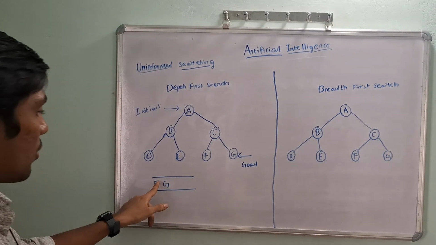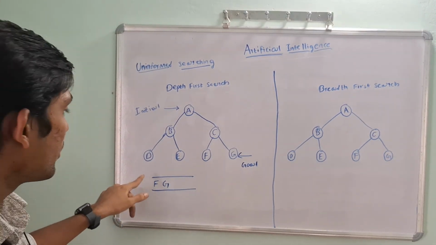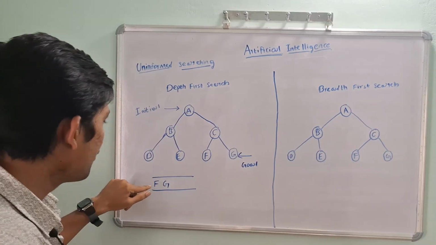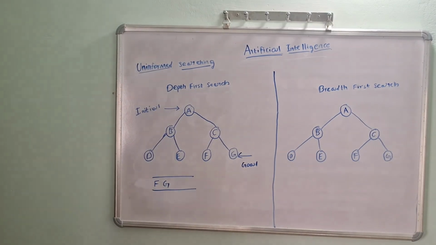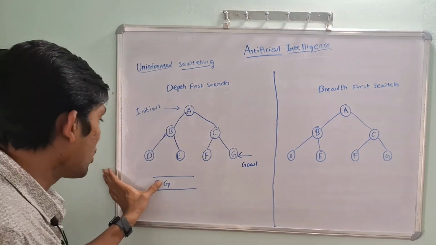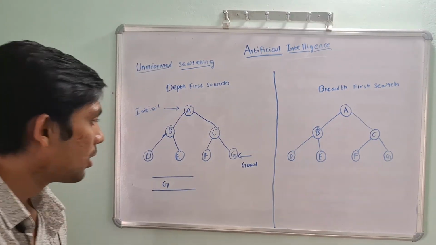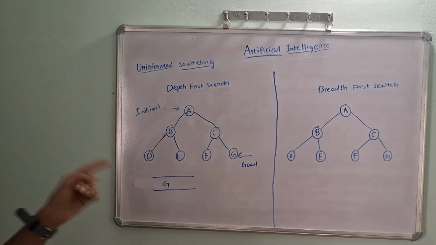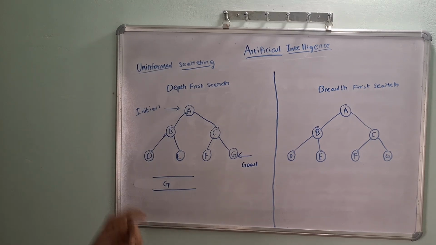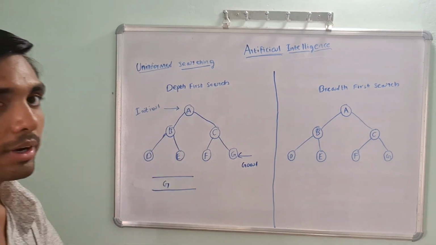Now F is on the top of the stack, so it will check whether F is the goal node or not. F is not the goal node, so it will pop out F. And the only element left in the stack is G, which is the goal node, and the algorithm terminates.